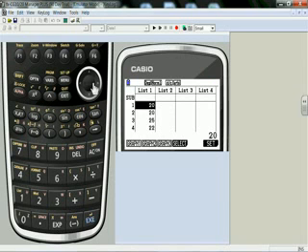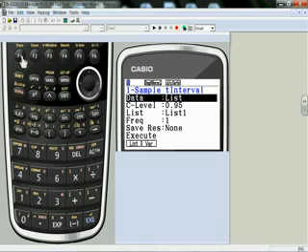So let's exit that. Let's do some advanced statistical features, which include being able to do some intervals and some tests. Let's do a confidence interval. It's going to be F4. I'm going to do a t-interval, a one sample t-interval.